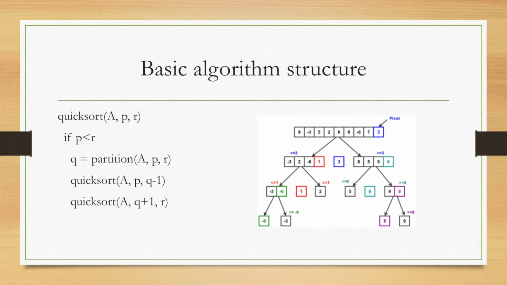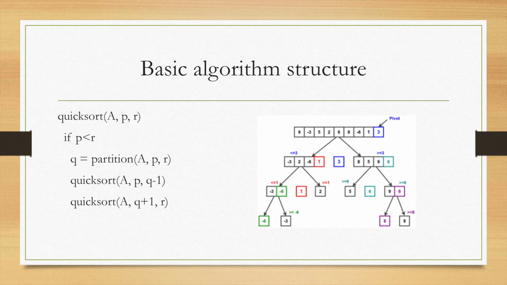First, we choose the last element of the array as pivot. Here it is 3, and then the whole array is split into 2 parts. The first part is smaller than 3, and the second part is greater than 3.